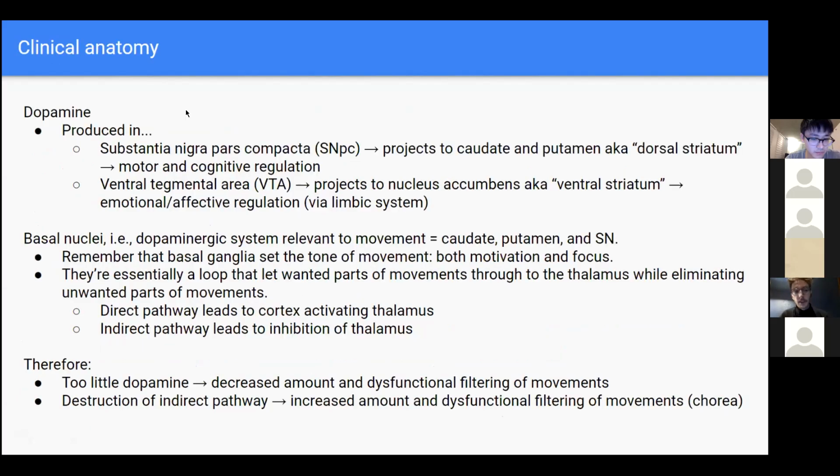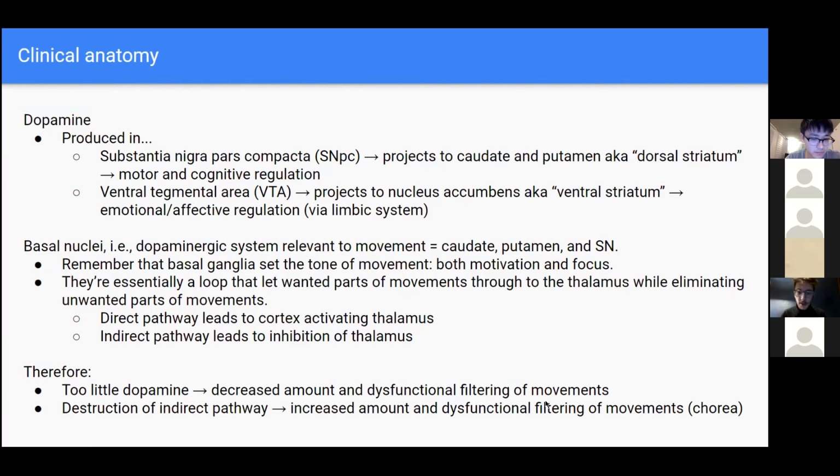So to get into some clinical anatomy, first, dopamine is going to be the major neurotransmitter of focus for movement disorders. And this is a simplification of the system. Oh, I'm seeing that there are some comments, so Saman, yes, chorea is the hallmark of Huntington's disease.